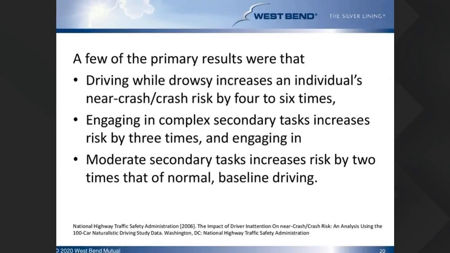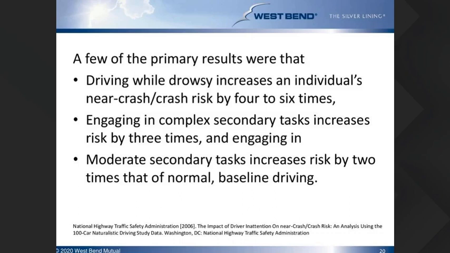We're not putting too much attention outside of our forward-facing view. A few of the primary results were that driving while drowsy increases an individual's near crash or crash risk by 4 to 6 times. Not surprising, as we talked about earlier, that overview of distracted driving, those kinds of behaviors will actually increase distracted driving.